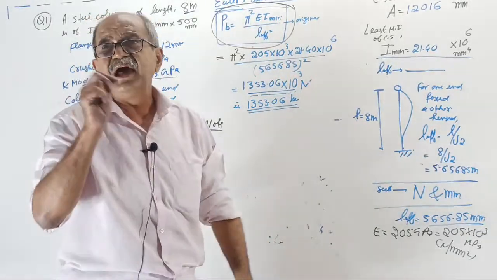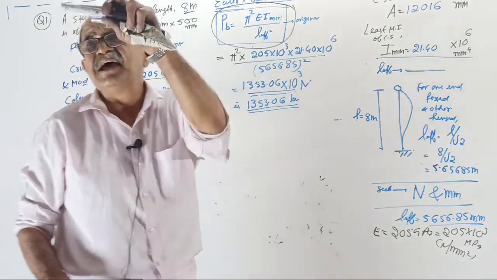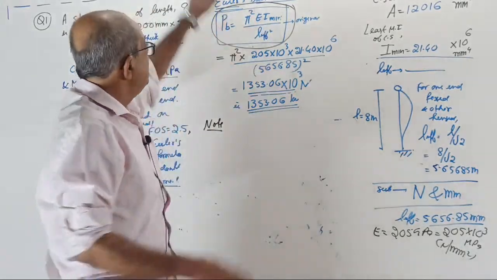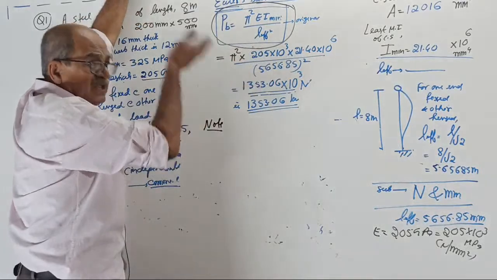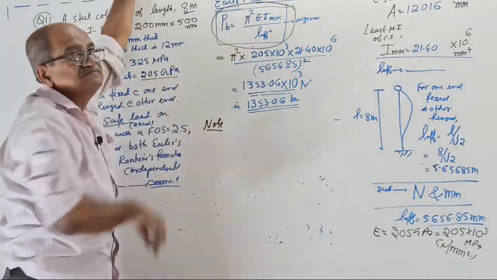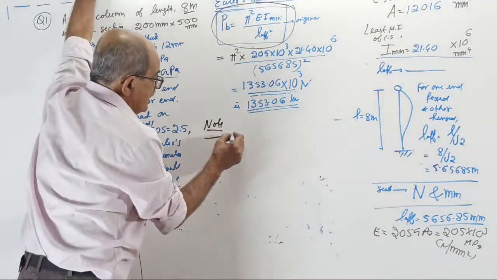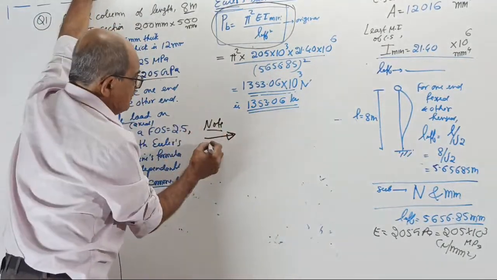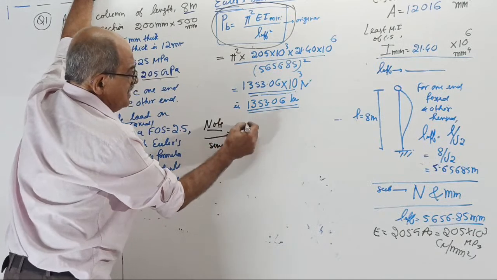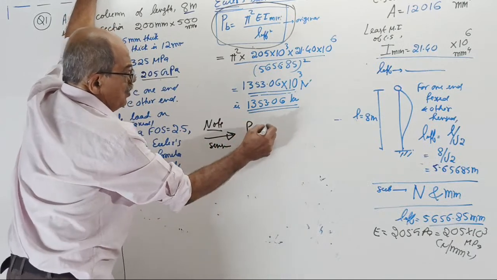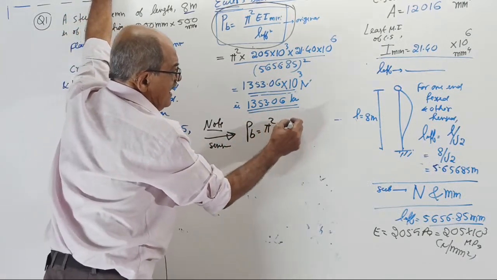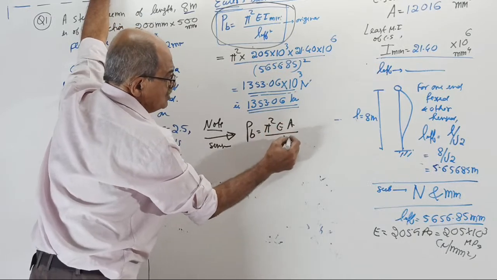But practically, slenderness ratio should come. It is actually there, you cannot see it. So the more practical or sensible approach is buckling load equal to pi square EA by lambda square.